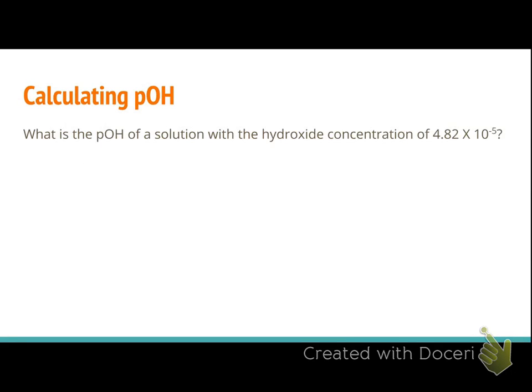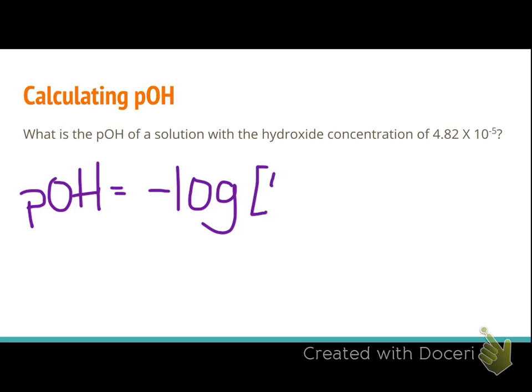So what is the pOH of a solution with the hydroxide concentration of 4.82 times 10 to the negative fifth? So remember that means pOH equals your negative log of your concentration.